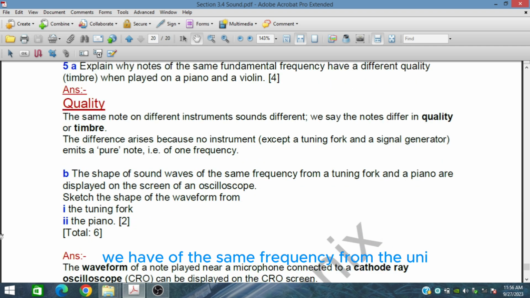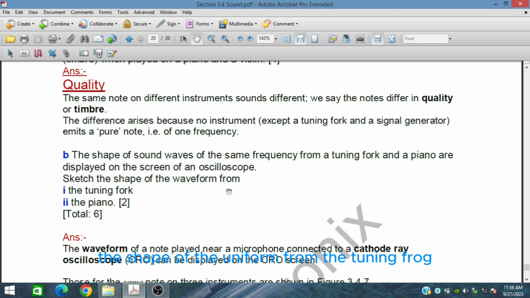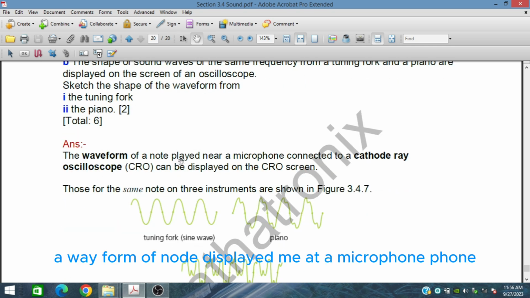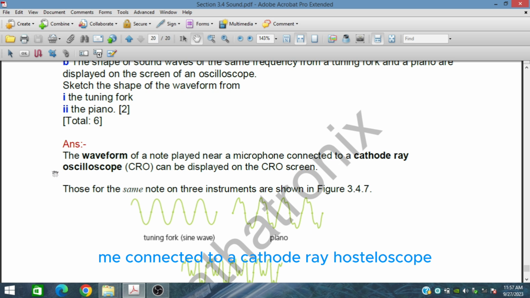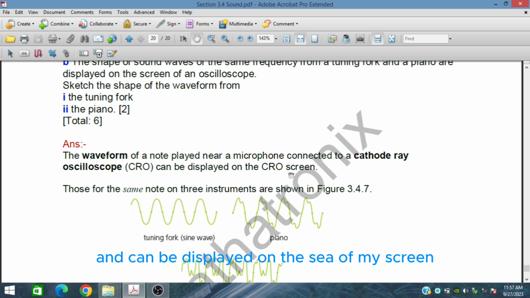The shapes of sound waves of the same frequency from a tuning fork and a piano are displayed on the screen of an oscilloscope. Sketch the shape of the waveform from the tuning fork and the piano. The waveform of a note is detected by a microphone connected to a cathode ray oscilloscope and displayed on the CRO screen. Those for the same note on the three instruments are shown in the figure.